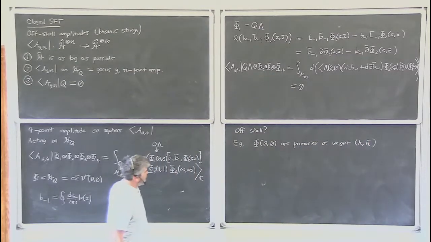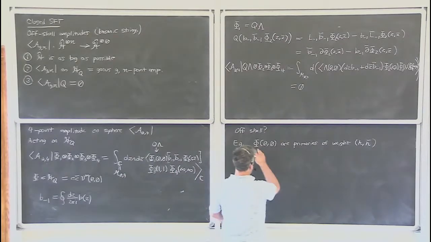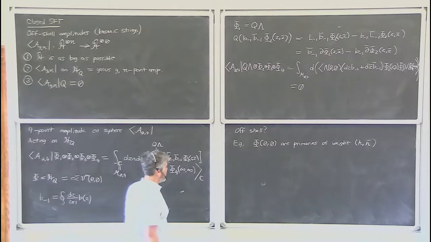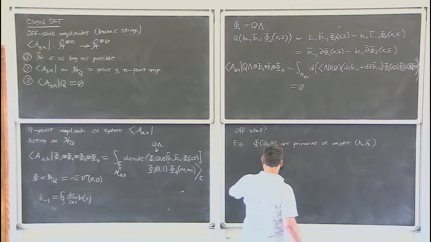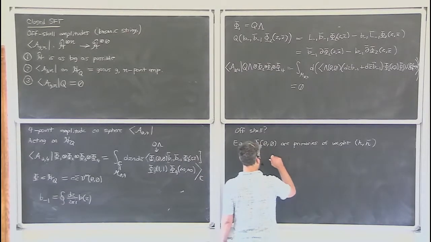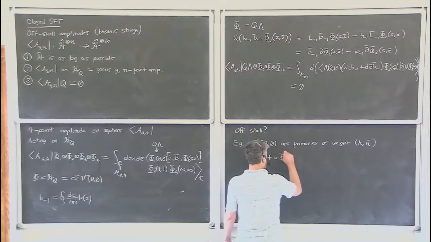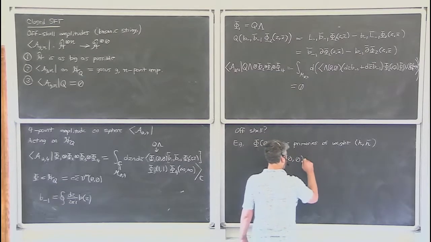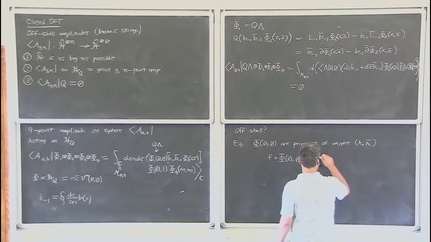Okay, and so such an operator or state has a simple transformation property under conformal transformations. So if F is some conformal transformation, then you have the following.